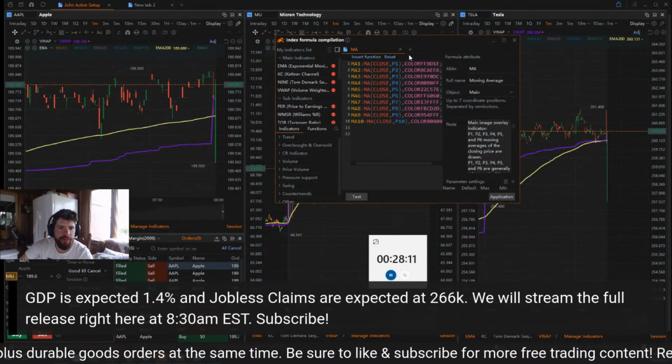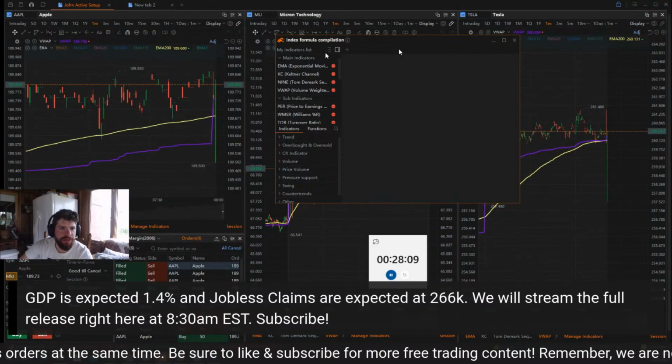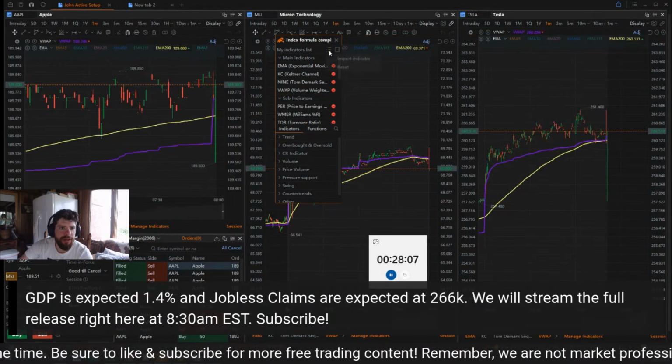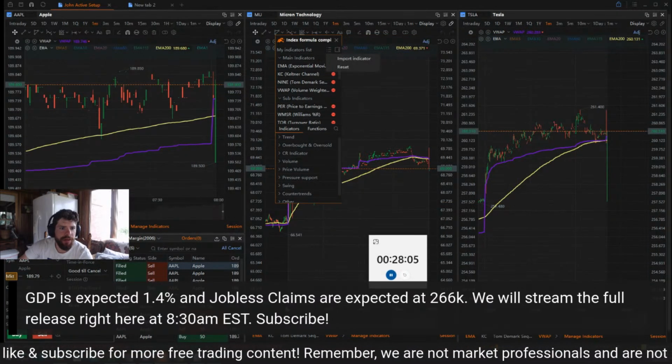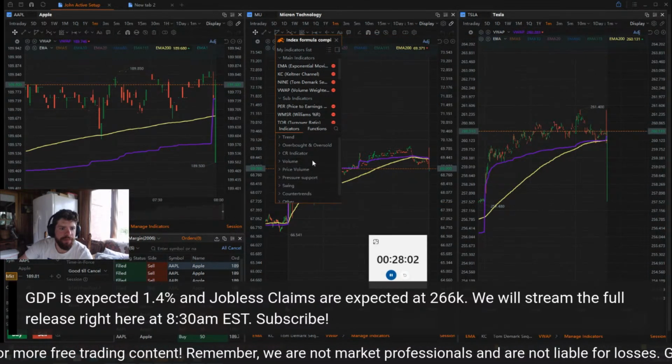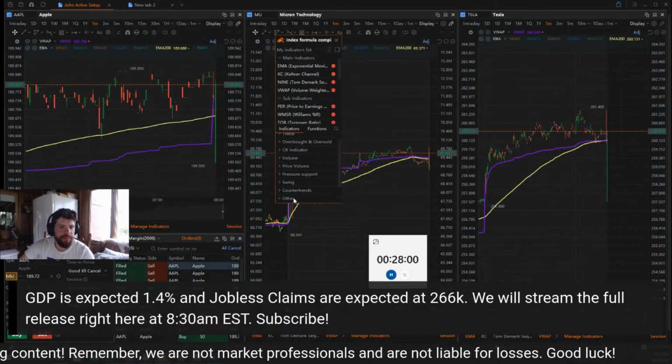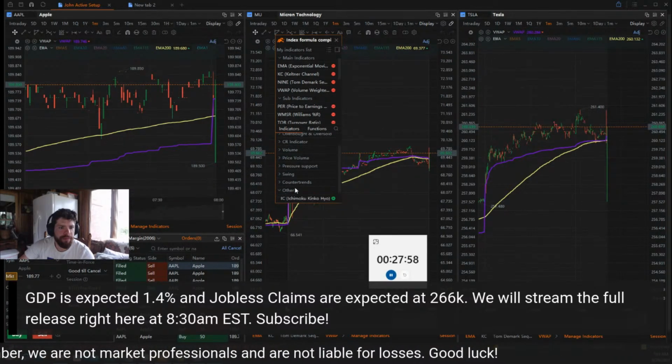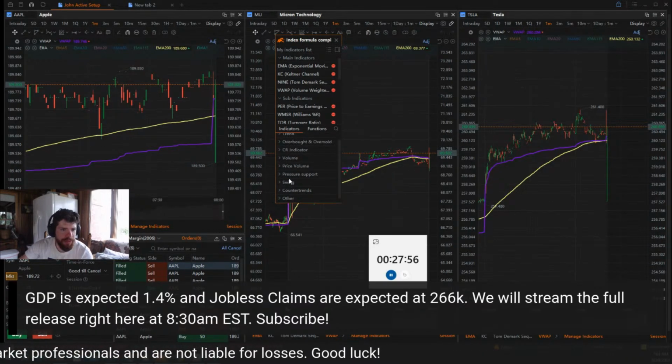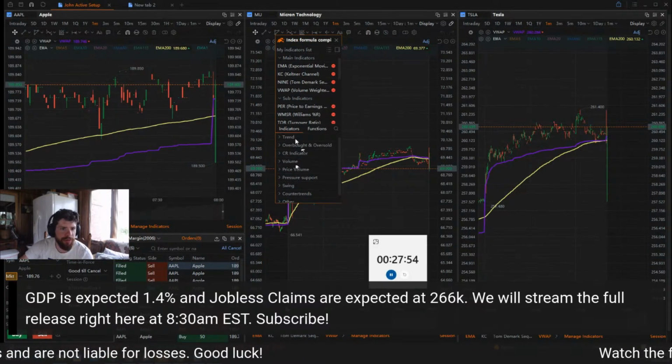I don't really care about the Bollinger Bands or the moving averages. There's a bunch of different indicators: swing, overbought and oversold, trend.